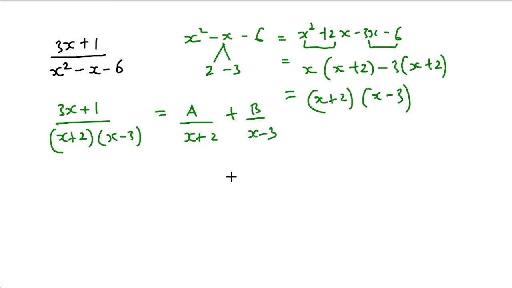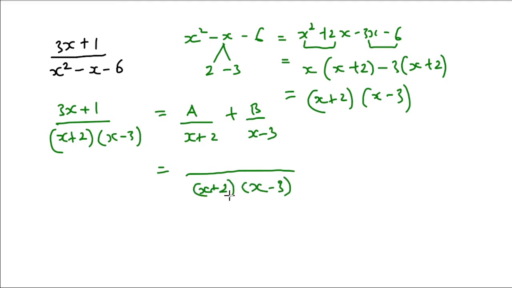Okay, so we go on and express this with a common denominator, and the common denominator will be a product of the two factors, x plus 2 into x minus 3.